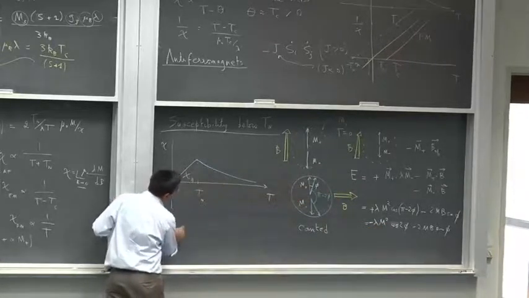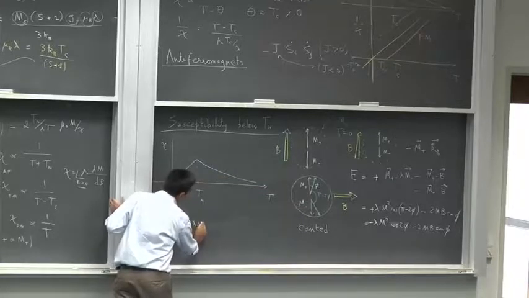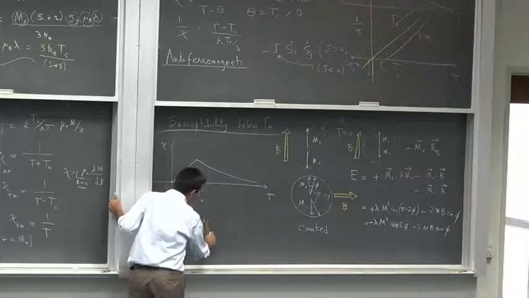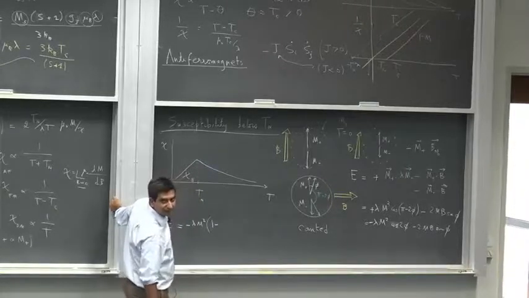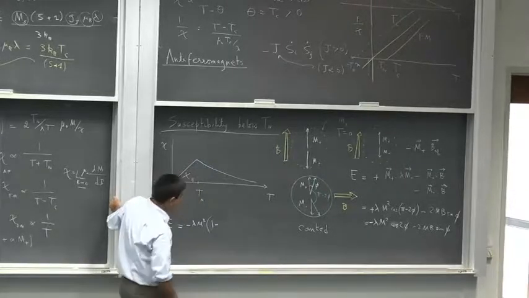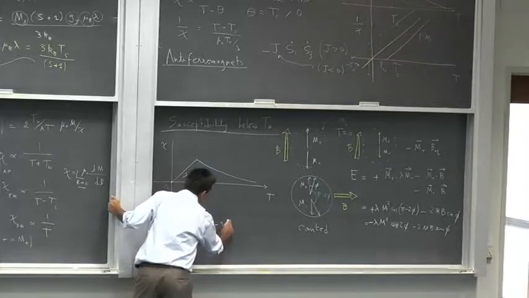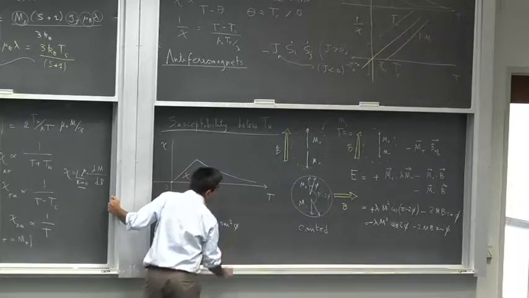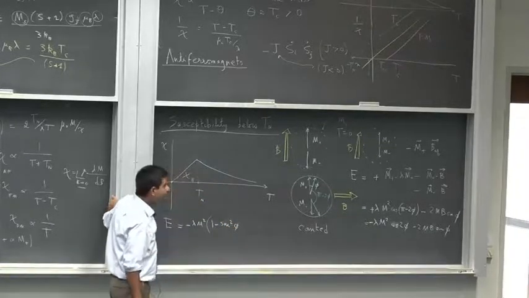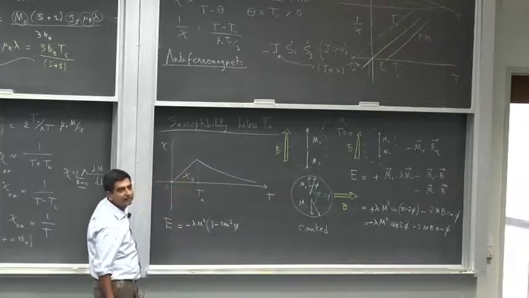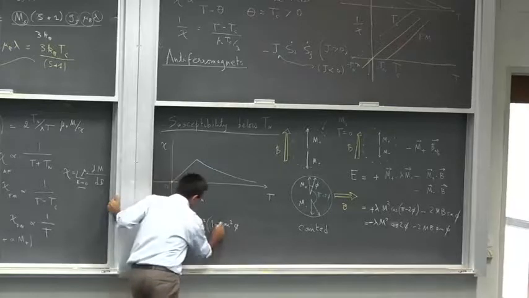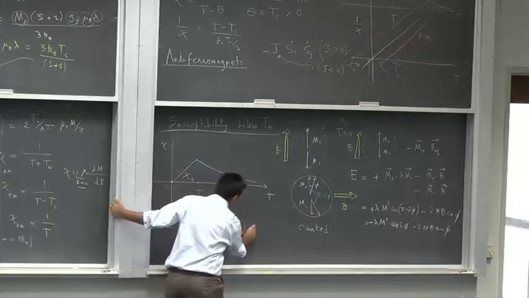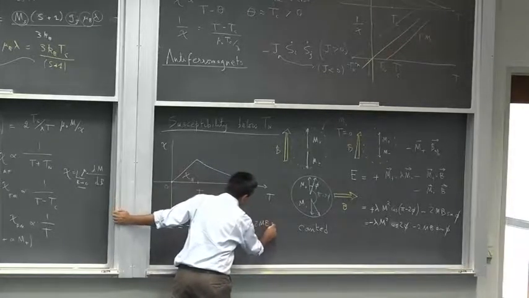Energy equals minus lambda M square. What is cosine 2 phi? It is 1 minus 2 sine square of phi, minus 2 MB sine of phi.